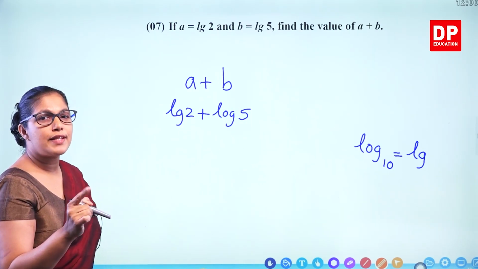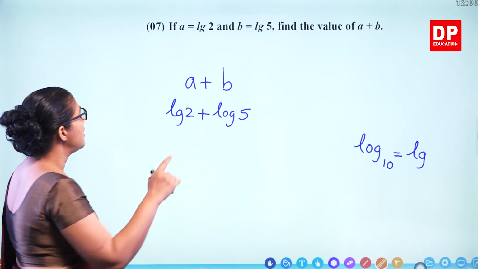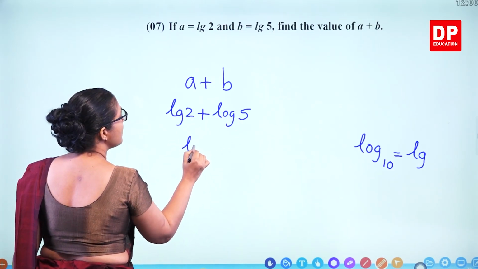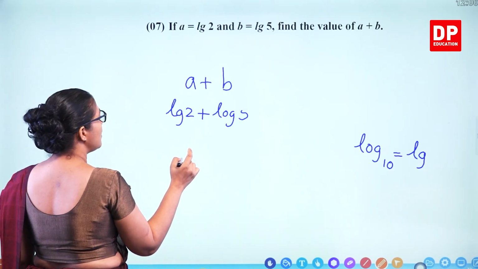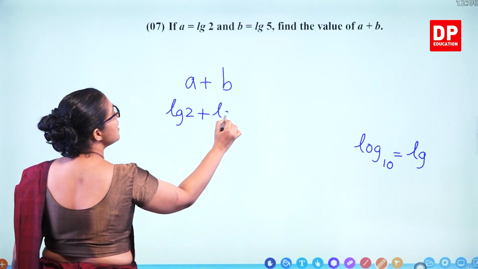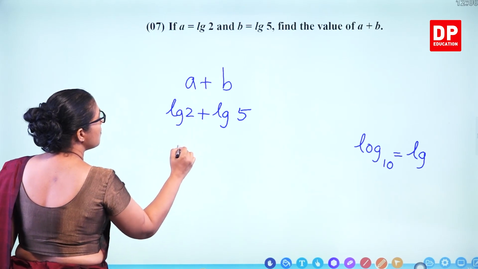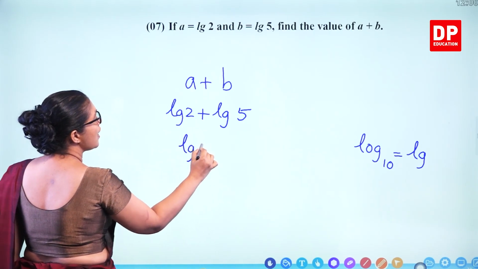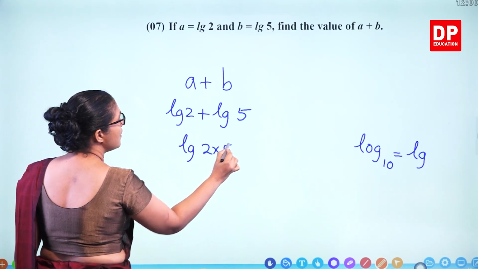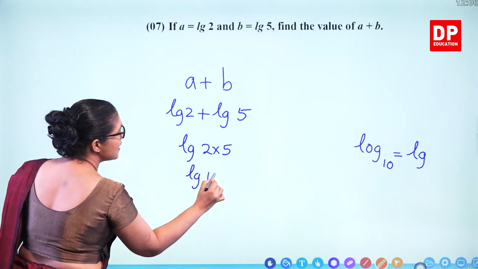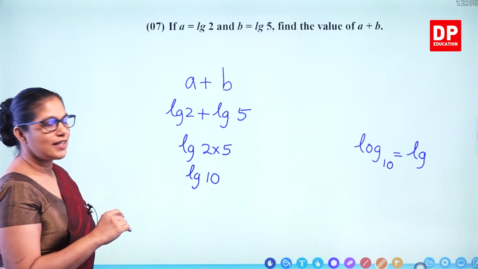For addition of logarithms, you multiply the numbers inside. So, you can write here, no need to write log, I'll write lg: lg 2 plus lg 5. Multiplication, so you can write 2 times 5, lg 10. What's lg 10?